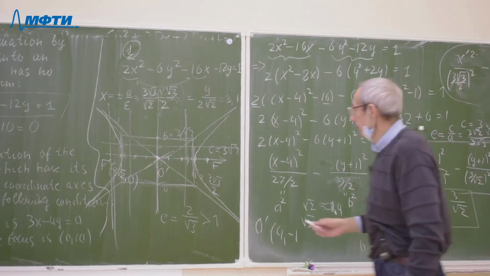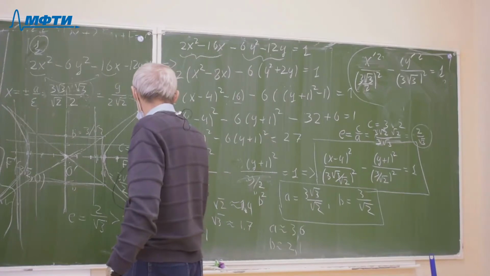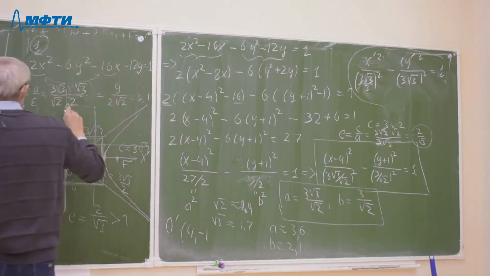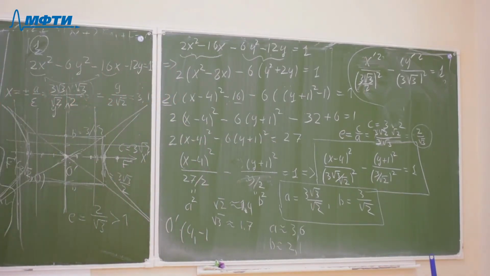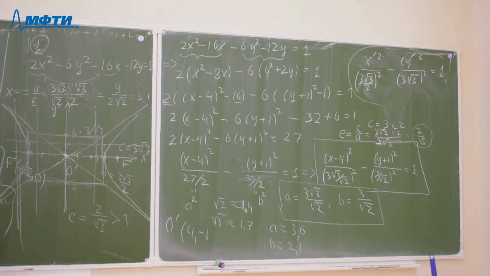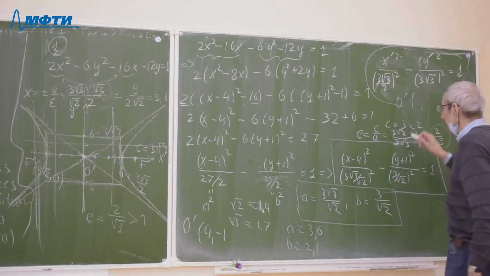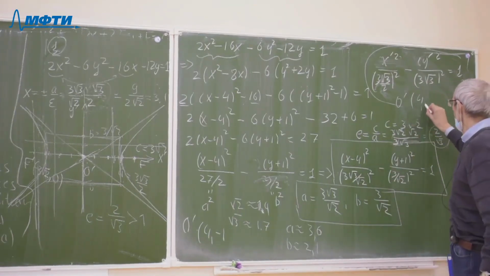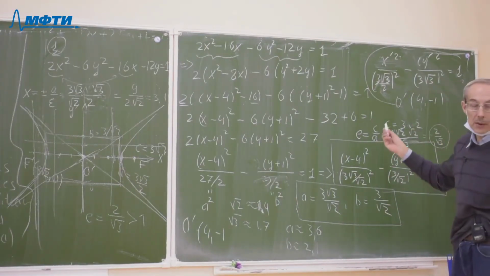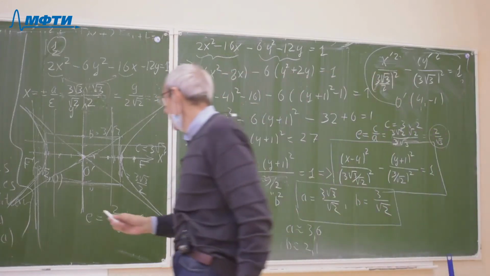And we have the new coordinate system x prime, y prime. But the coordinate of the new origin, O prime, is 4, minus 1 in the old coordinate system.